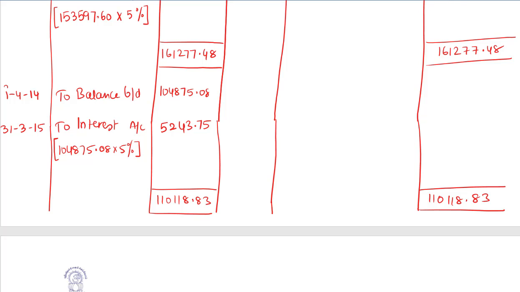Charge depreciation for the whole year, 31st March 2015. By depreciation account, as given in the question, 56,402.40.